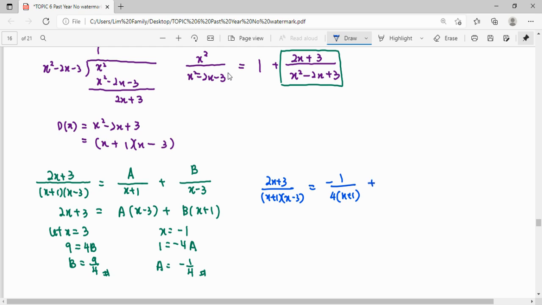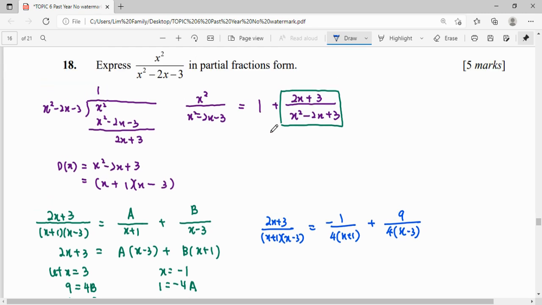Meanwhile, for B, it will be 9 over 4, so 4 at the denominator part together with x minus 3. So this only fulfills the remainder part. The remainder part here. So our question has to go back to the original.